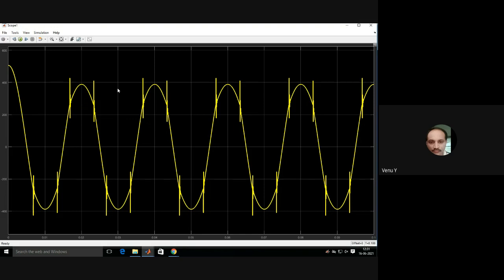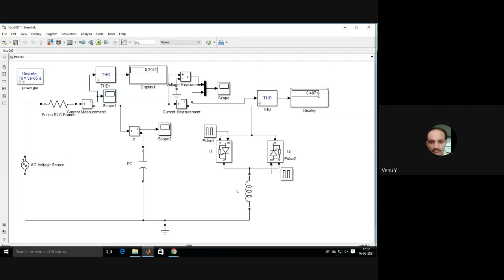So roll number 4, you can do this simulation and submit me the assignment on PE, power electronics. And the THD content is 48.7% for the TCR and 20.4% for the total current. You can note down that.